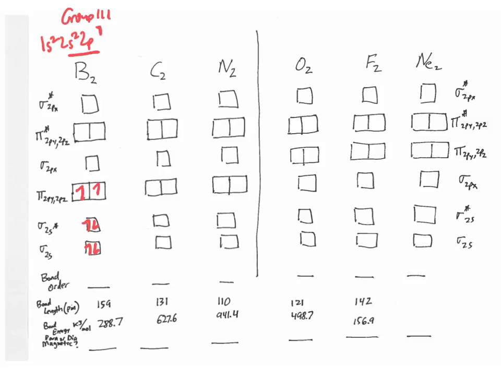And so if we look at the bond order, and bond order, if you remember, is 1/2 the number of bonding electrons minus the number of antibonding electrons.